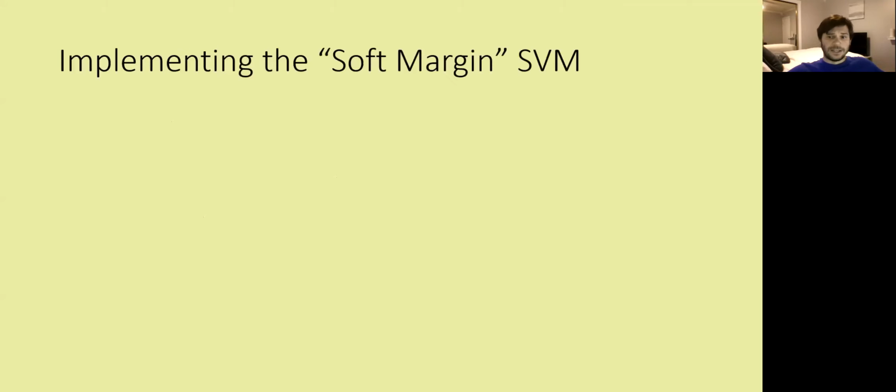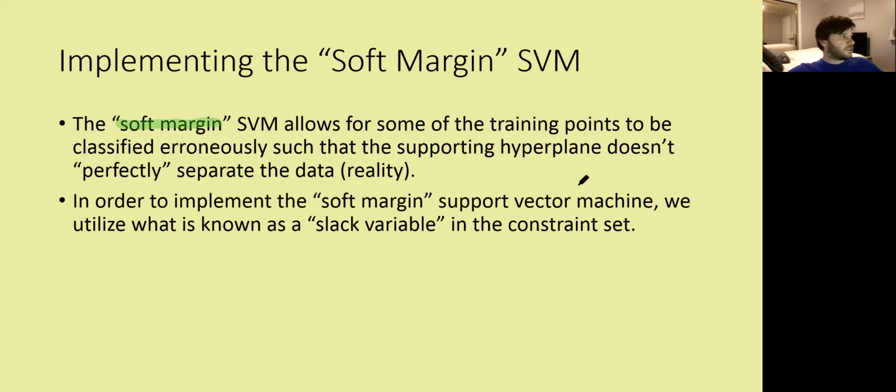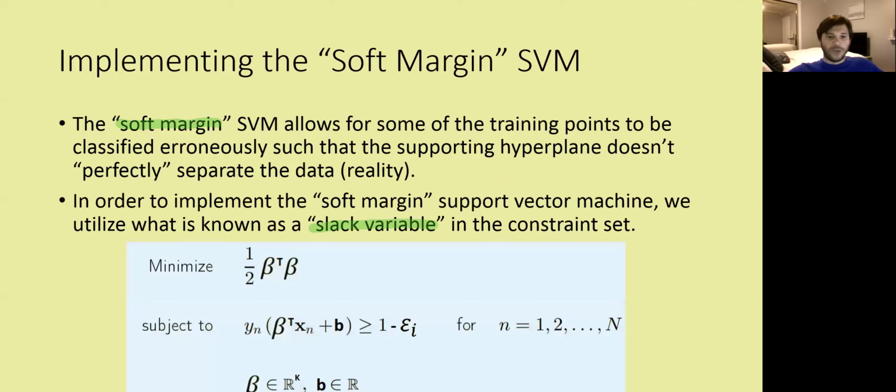The other way we could get around the case of non-separability is by allowing some data points to violate the margin. In order to implement what we call a soft margin support vector machine, we're going to utilize something known as a slack variable, which shows up in the optimization problem in a way that allows us to violate an inequality for a particular observation. In the programming formulation, we introduce the slack variable.